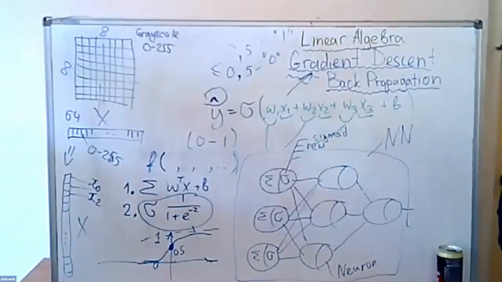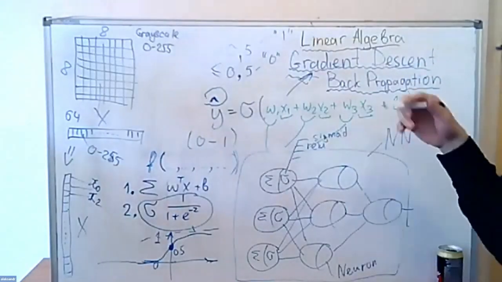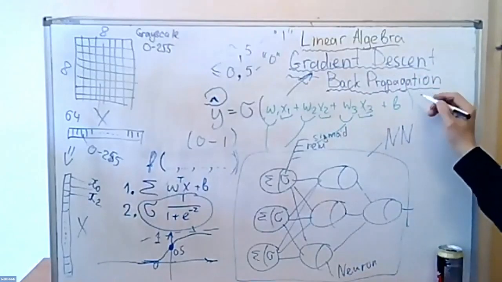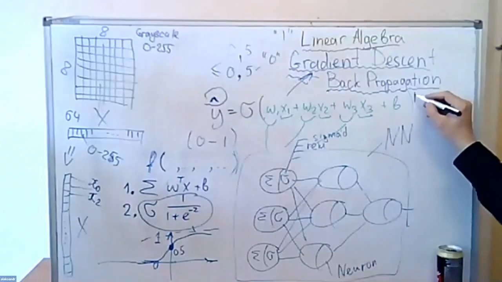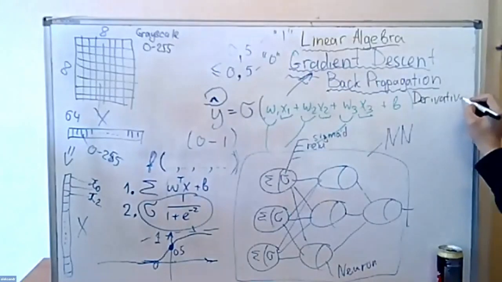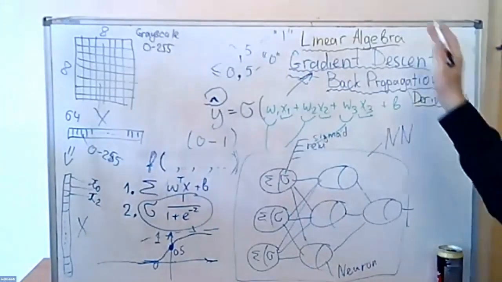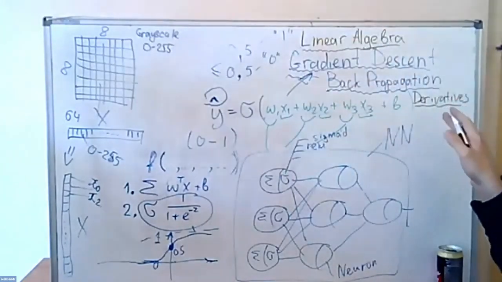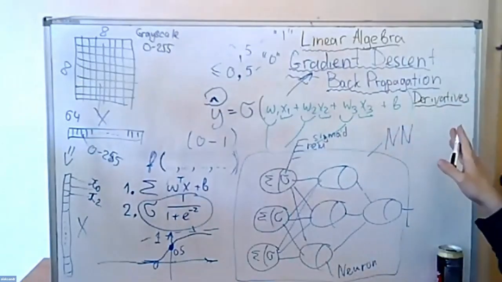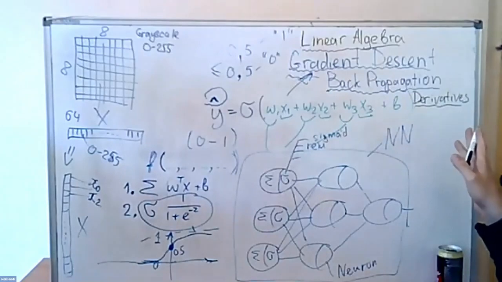Also, what is important to know here to understand backpropagation is a topic called derivatives. This is not the last time we discuss this. I will share a special document that explains this in detail.